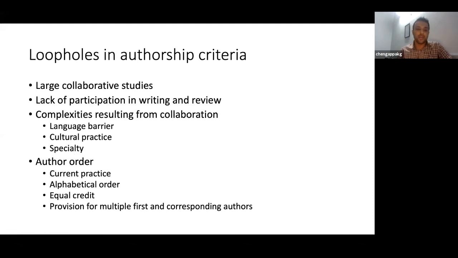Suppose we are collaborating with a basic scientist, who does not understand anything about the clinical context of the work. So it becomes very difficult for them to actually read and critically analyze those parts of the manuscript. So these are the issues that lead to some of the authorship discrepancies.